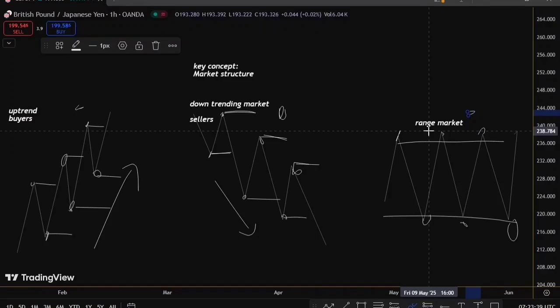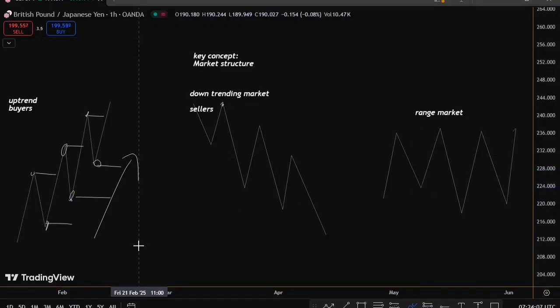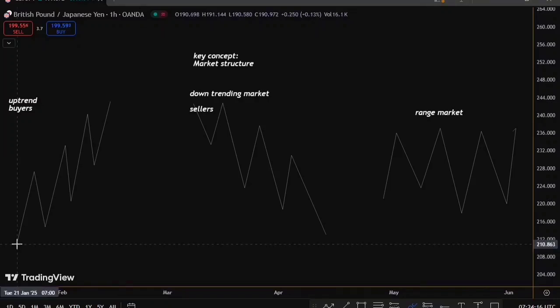Now in this market we also have what is called an impulsive move and a correction move. Let me clear the chart so that I can explain more. In an uptrending market, an impulsive move is where you want to be interested, the moves that make the high pip count.